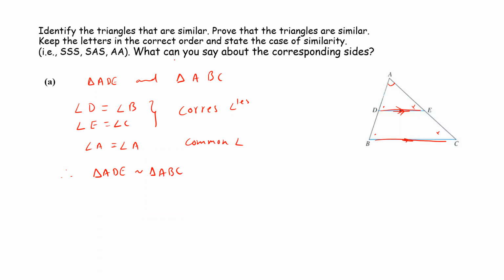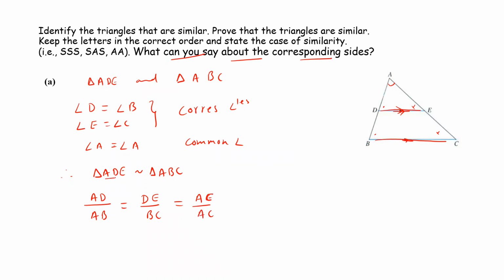Now, what can you say about the corresponding sides? In this case, we already have three angles here. Whenever two triangles are similar, which means they have the same shape but different size, the relation between the corresponding sides is that you take the ratio of those sides as AD over AB, and that will be equal to the ratio of the other corresponding sides, DE over BC, and then the third pair, AE over AC.